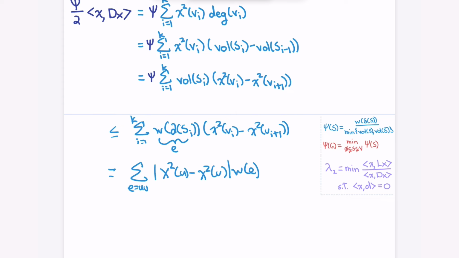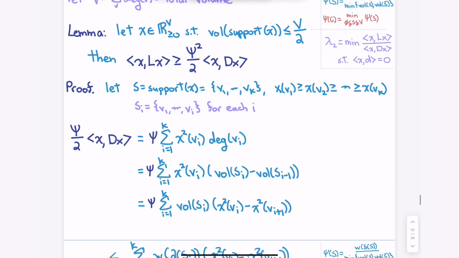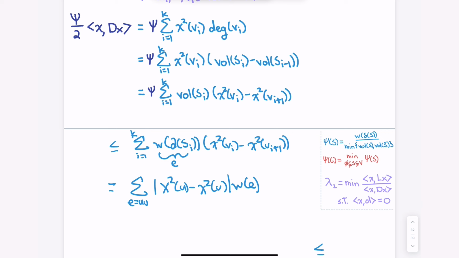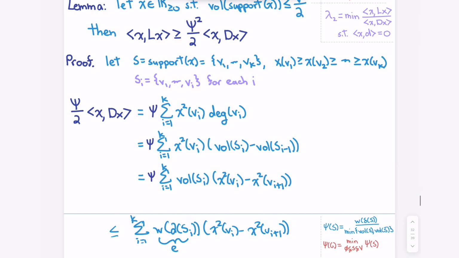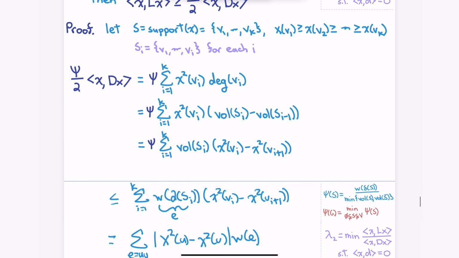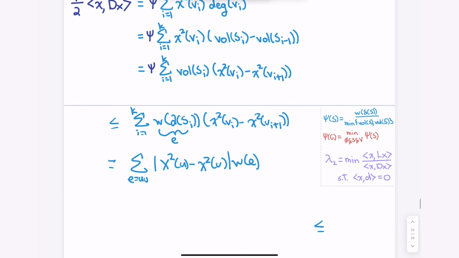Maybe I should remind you that the goal eventually is for this thing to be, it's actually equal.